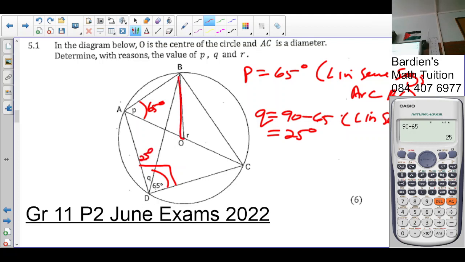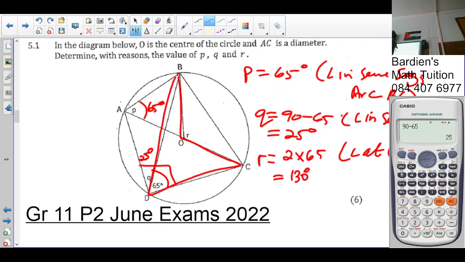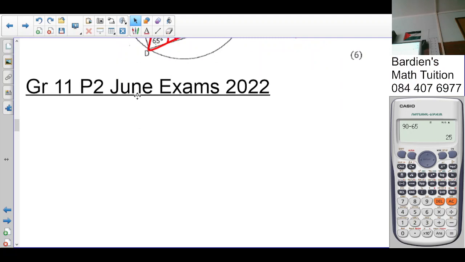And then angle at center is twice angle at circumference. The angle R is equal to 2 times 65, which is 130 degrees. Angle at center is equal to 2 times angle at circumference. That's 6 marks.